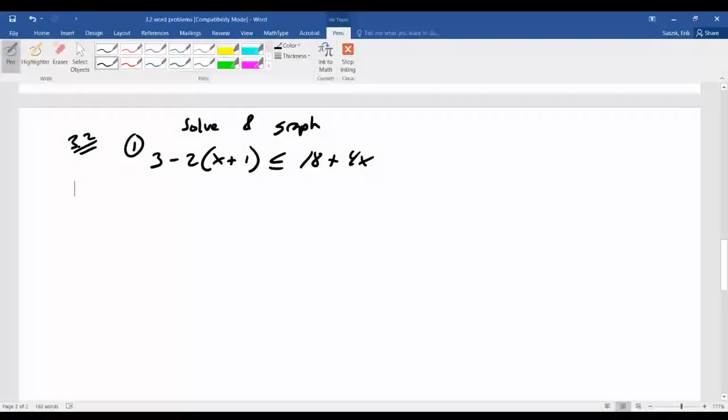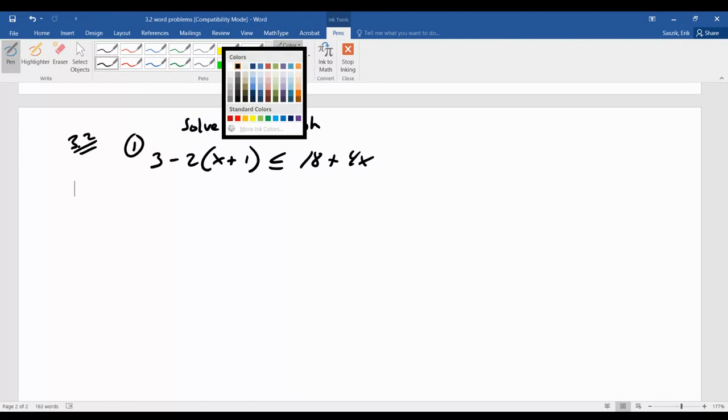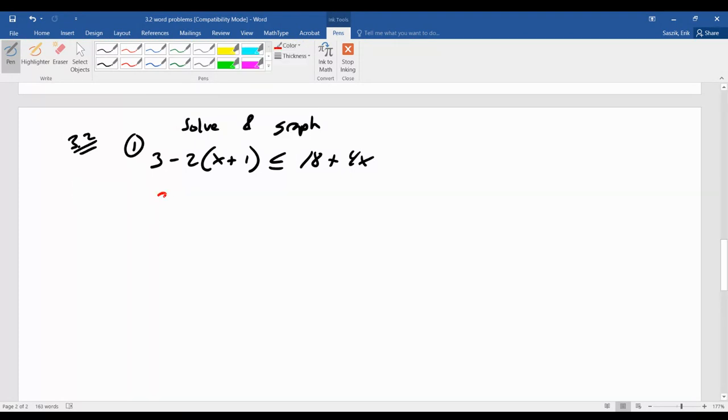Okay, so let's see what happens here. Remember, you're going to bring the 3 down, distribute this -2. Remember, we want to get x by itself. Nothing's changed with our equation solving. It's just that instead of having an equal sign dividing the two sides, we now have an inequality sign dividing the two sides. Okay?